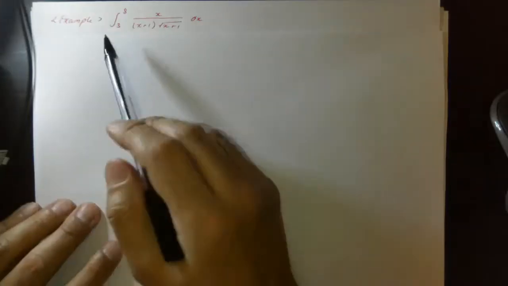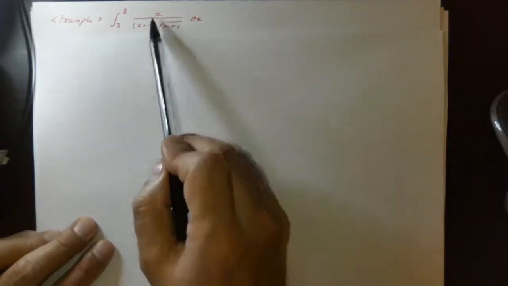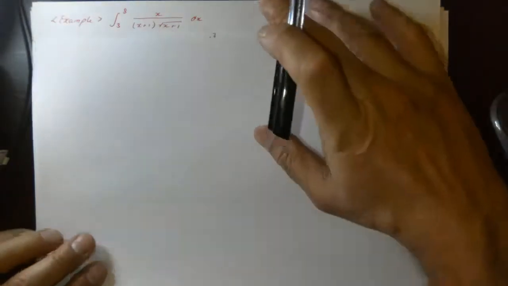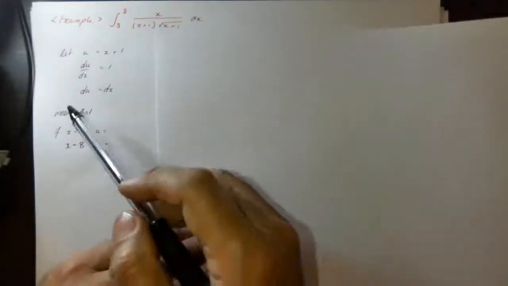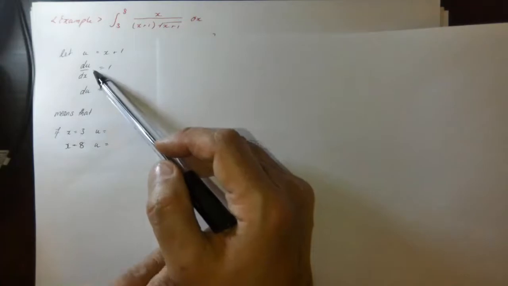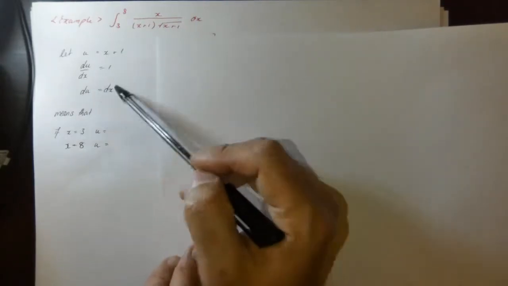Okay, so here we've got the integral from 3 to 8 of x plus 1 multiplied by the square root of x plus 1 dx. So I'm going to let x plus 1 be u. Okay, so if I let u equal x plus 1, then du on dx equals 1. And so therefore du equals dx.